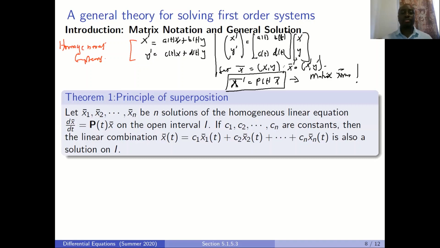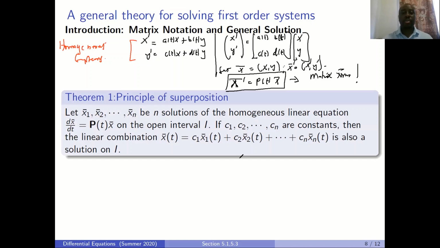The unknown functions are x and y, and every term in the first equation involves the unknown functions. Every term in the second equation involves the unknown functions.